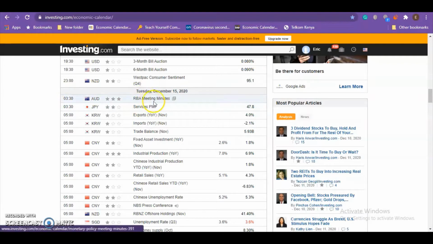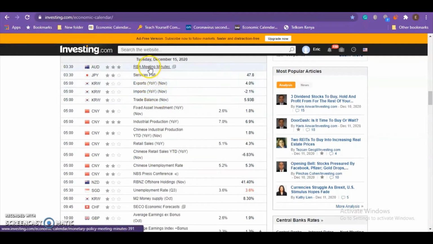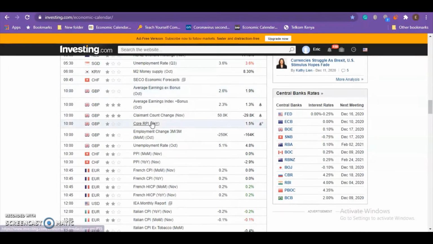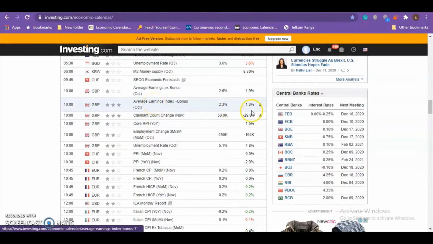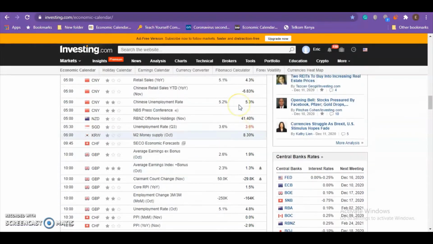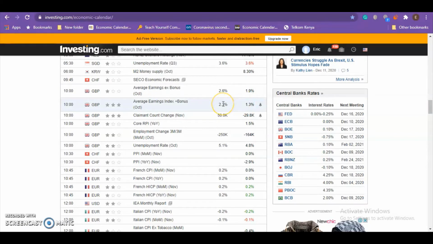You can see it looks very good for the Australian dollar. The Chinese yuan has industrial production, which is poised to rise. Average earnings index bonus will also rise. This is the Great Britain pound, poised to rise.